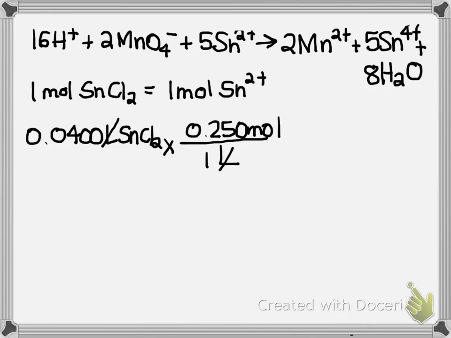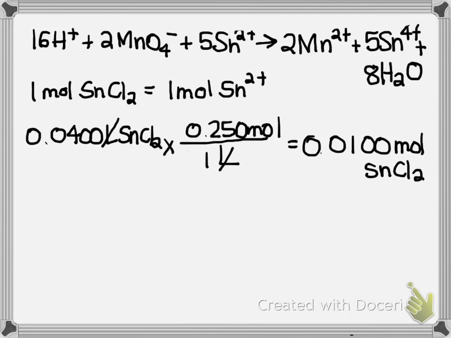So I caught quickly, even though I was just riding along, that that was wrong by looking at my units. So 0.400 times 0.250, I get that this is 0.0100 moles of tin chloride.